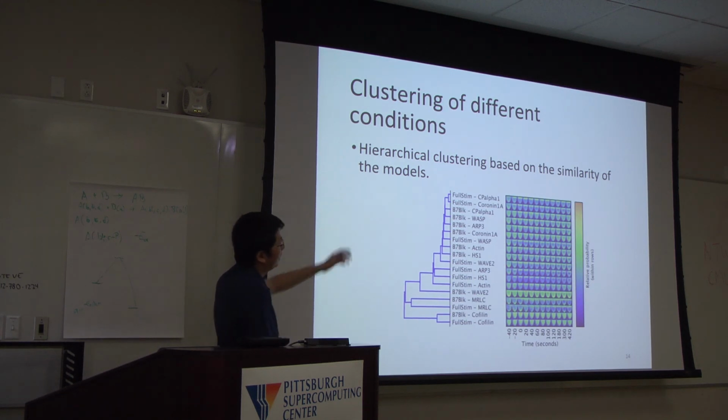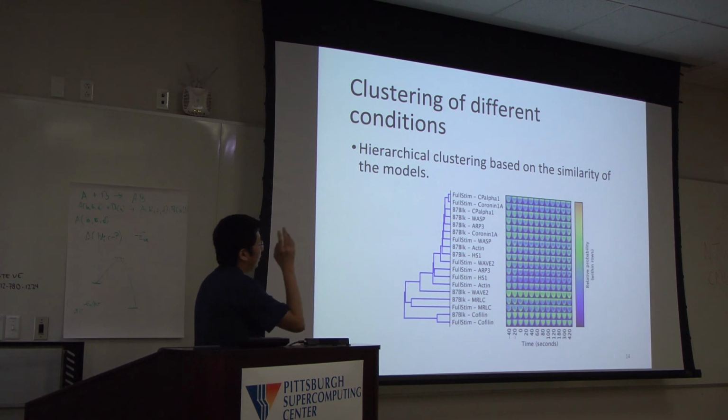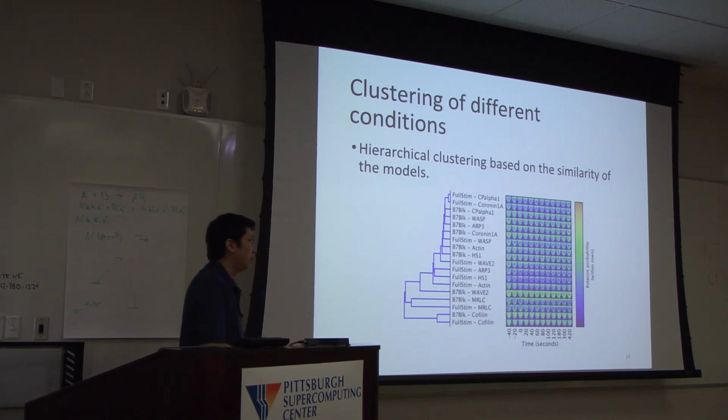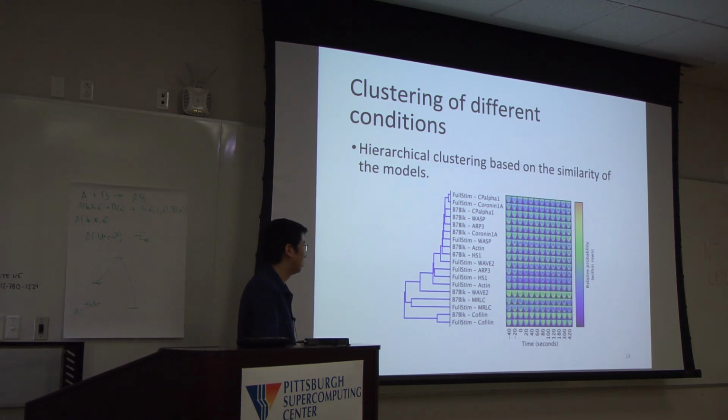So here we compare the protein distribution for the condition and the protein. For each condition protein, we use the mean model of all time points as a feature vector, and use the feature vector to do hierarchical clustering.